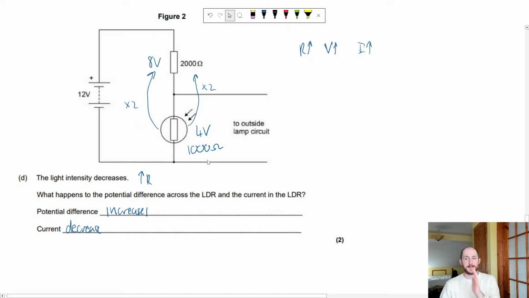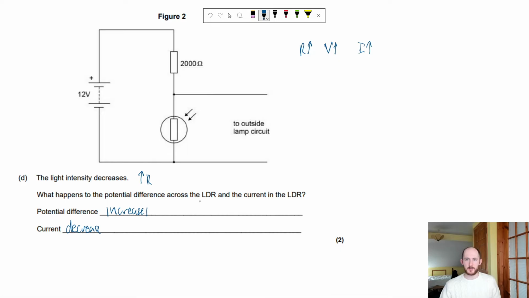Because again, it splits in proportion to how much resistance you have. If the voltage is twice as much here, then the resistance must also be twice as much here as well. So how would I write that? Well, the first thing I'd write is the resistance must be 1,000 ohms.